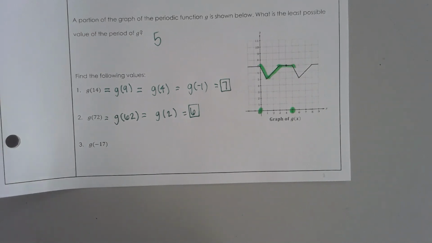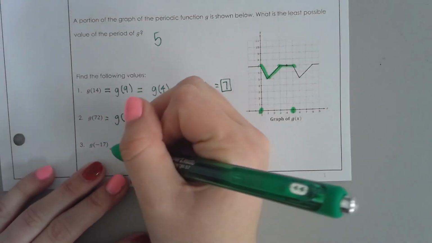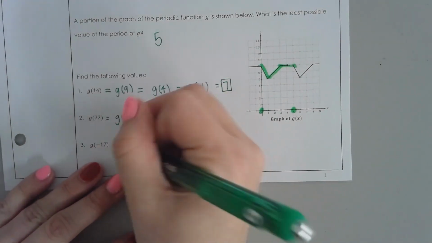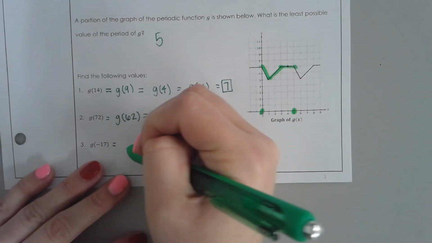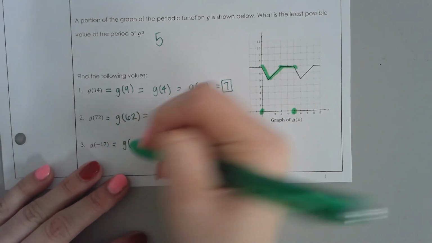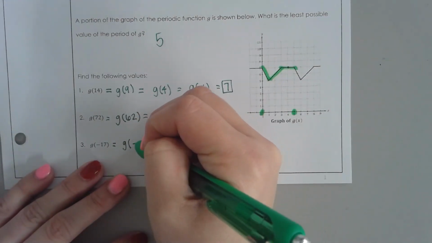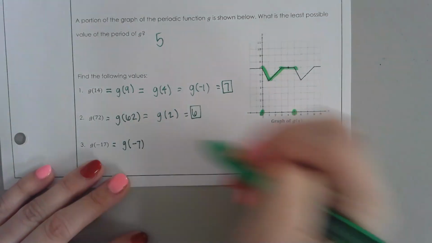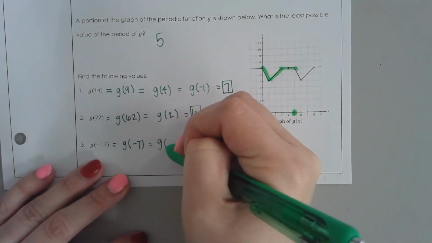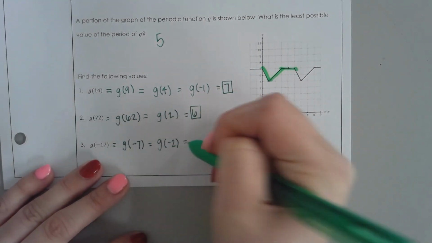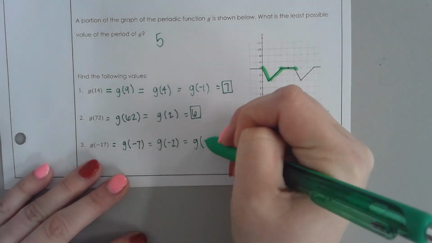So G of negative 17, if I keep adding 5 over and over, 5 or 10 or 20 or whatever, any multiple of 5, I would have G of negative 7, G of negative 2, G of 3.